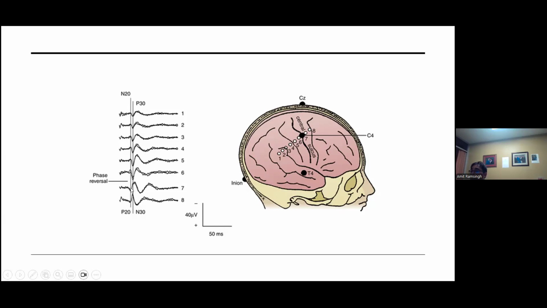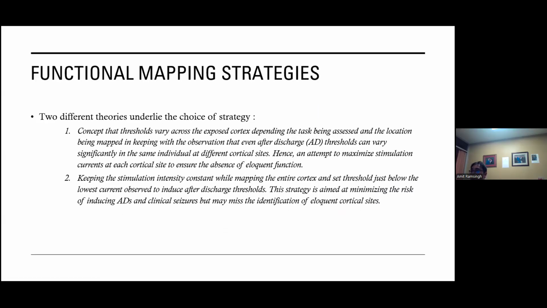So hence that's phase reversal. And that would allow us to then place the corresponding grid or electrodes over the subsequent area. That area of transition would correspond to the area of the central sulcus. So that's quite a reliable way of localization of your central sulcus.